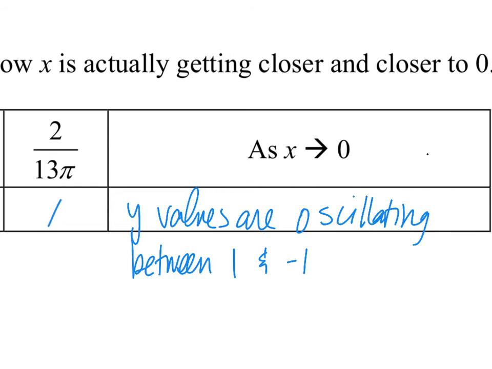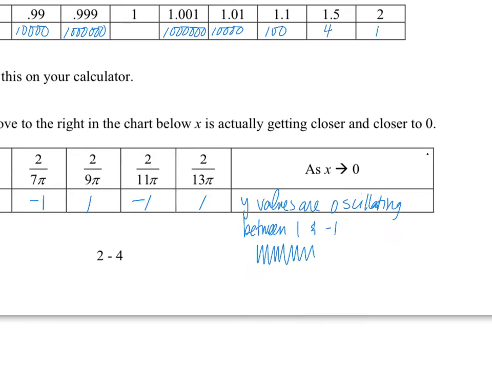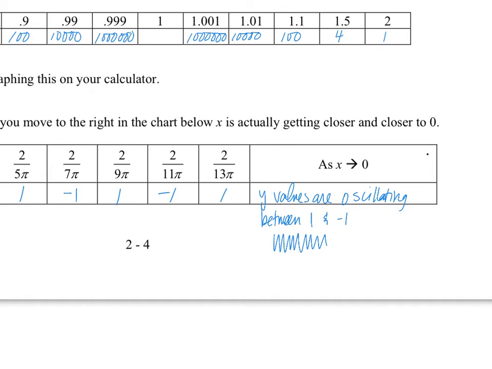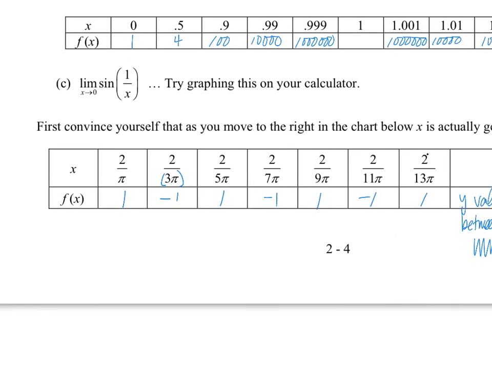So this function keeps bouncing back and forth between 1 and negative 1 as it gets closer and closer to 0. So does this limit exist? Hopefully you see that this one does not exist.